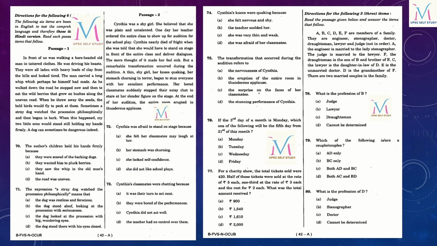So, in this passage, the passage talks about the girl Cynthia. She was a shy girl. By reading this passage, I understood that she changed herself into a brave girl. So she was a shy girl and she changed herself into a brave girl. These four questions are related to the behavior of this girl Cynthia.